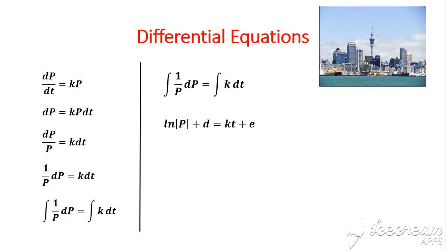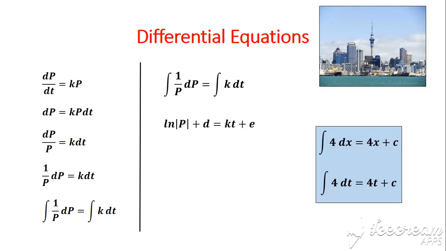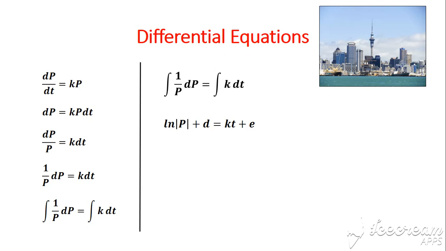If we were integrating with respect to x, we'd get kx. But because we're integrating with respect to t, we're going to get k times t. So just think any number integrated with respect to x becomes 4x. But if it's 4 dt, we're going to get 4t. So if it's k by itself, it will become kt. Now we're going to put the two constants on one side and call it c.